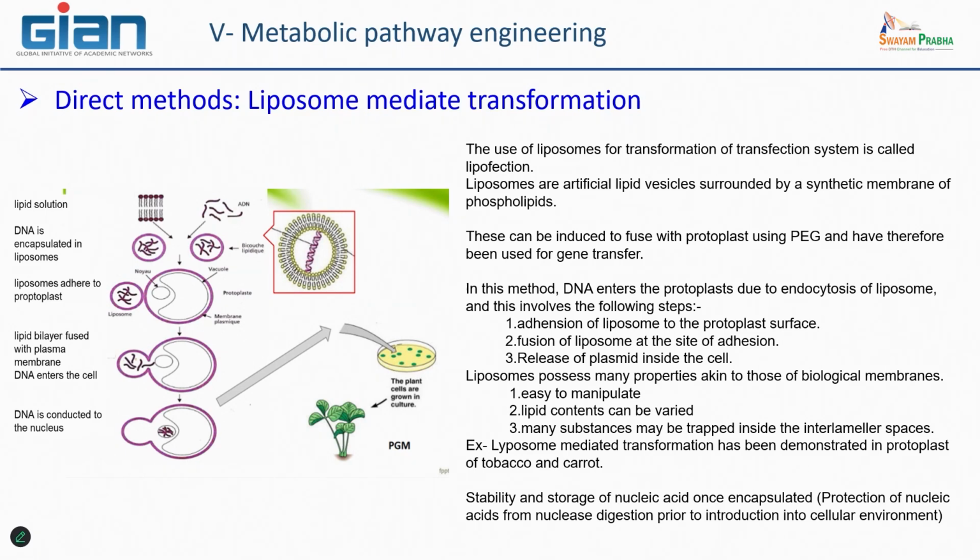And also, you never know, even if it succeeds in reaching the nucleus, how it can be integrated in the genome sequence. So you see that these are possibilities, but they are not so well used. But they have shown efficiency in some cases, for example in carrot, in tobacco, and so on.